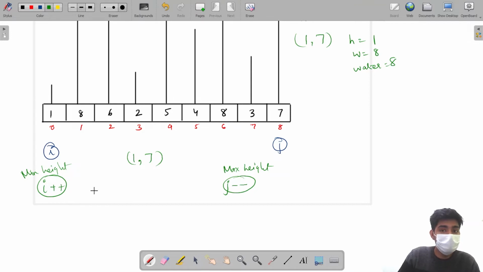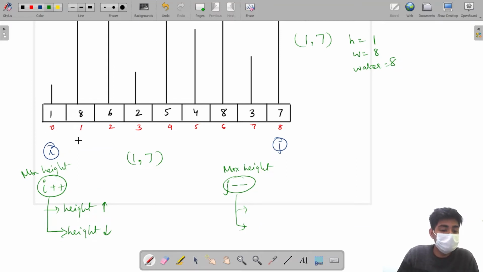So we will see what i and j can do on the basis of increasing or decreasing. Let's say if I increase i, there are two things that can happen: either my height can increase or decrease.